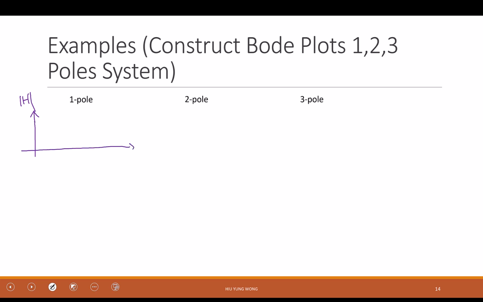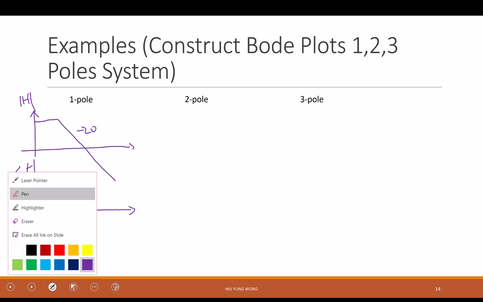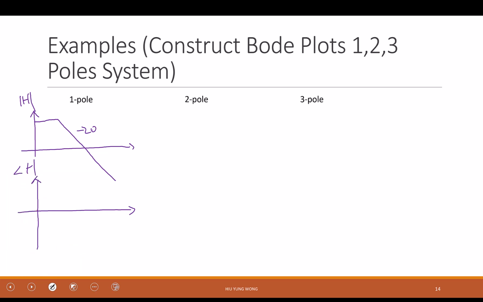And I know that it will go here and then go down by negative 20 dB per decade, right? And then this is the phase angle of H. And I know that it will keep going and then it will go down and give me negative 90 forever. Okay, agree with this? Any questions?